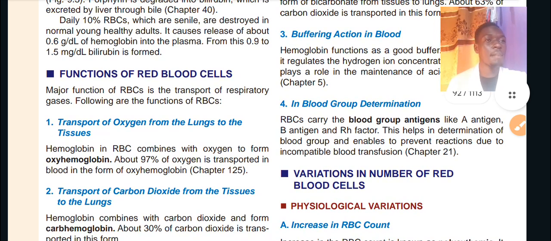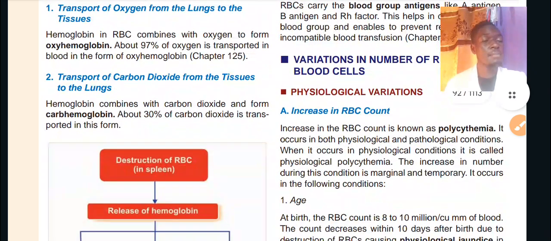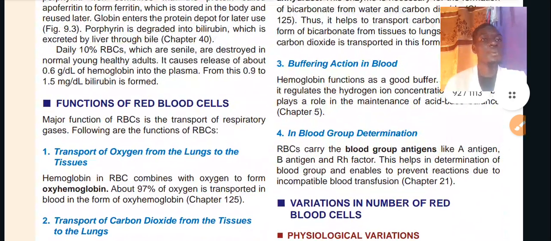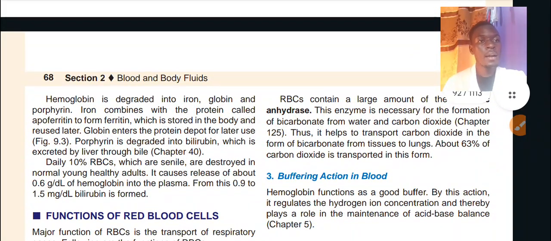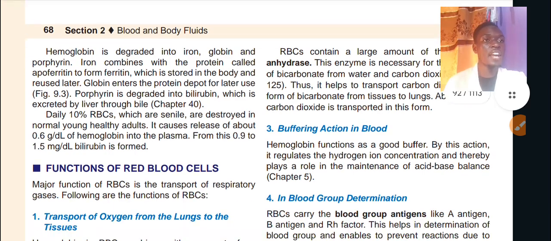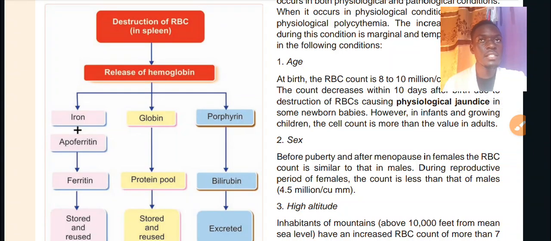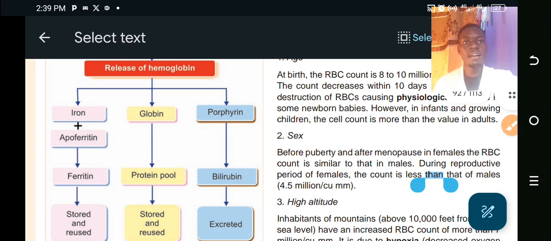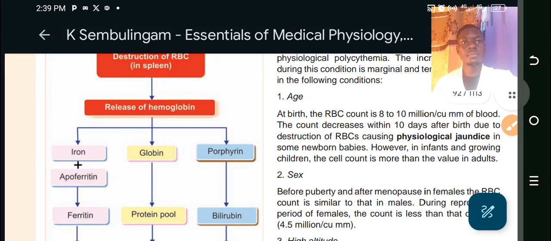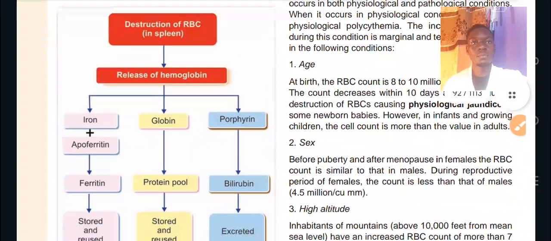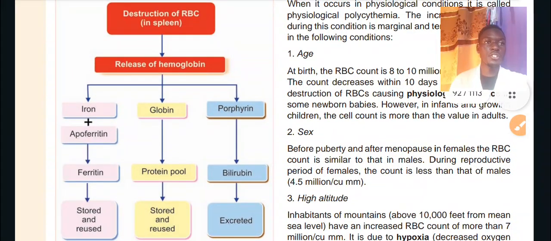They also transport carbon dioxide in the body, and some carbon dioxide, about 30%, is transported as carbaminohemoglobin, and the other is transported as bicarbonate ions due to the presence of carbonic anhydrase enzyme that catalyzes the hydration reaction between water and carbon dioxide. So the destruction of red blood cells in the spleen is shown there.